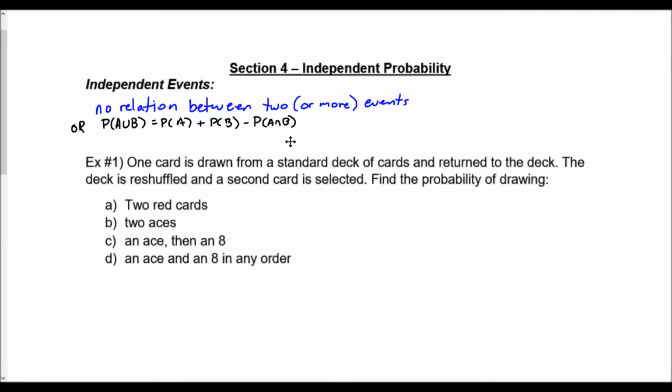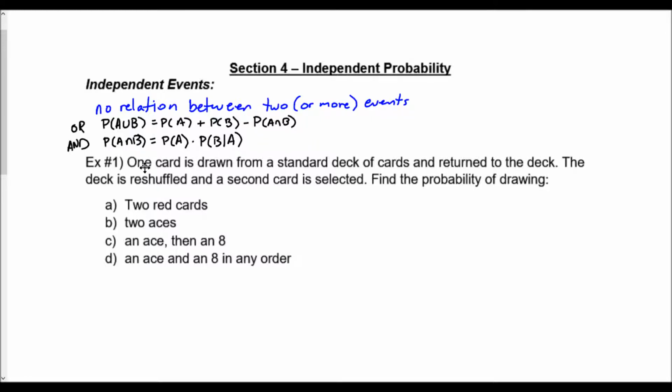At the same time, in our last section, we were using the phrase and, which is the probability of A and B happening, being the probability of A happening multiplied by the probability of B happening, given that A has already occurred. We have to keep both of those formulas in mind as we're working through this question.